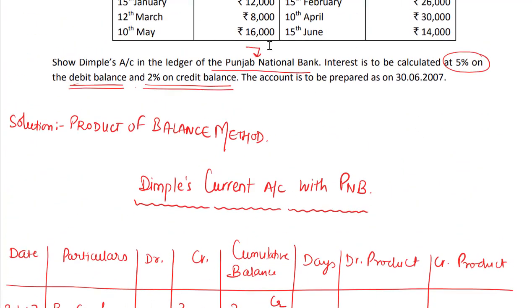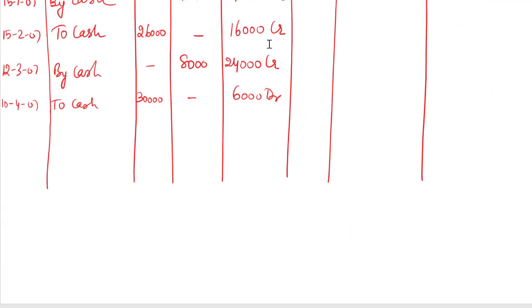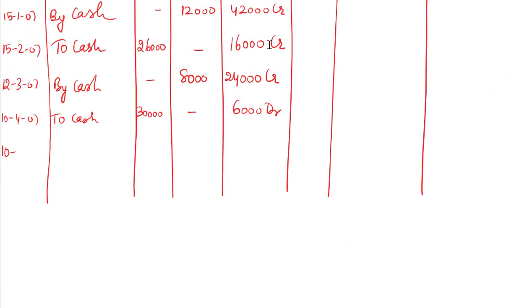Next, 10th May 16,000 again deposit, by cash, 16,000. 16,000 minus 6,000, so 10,000 credit.